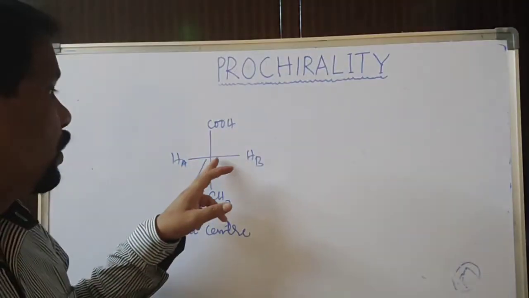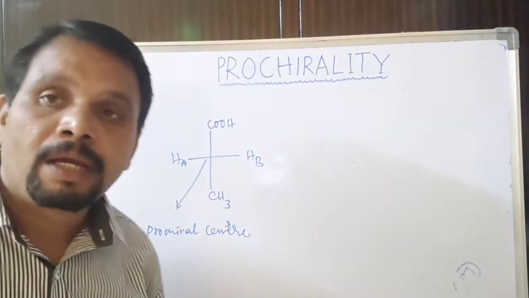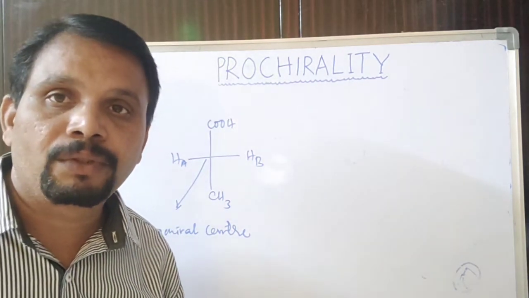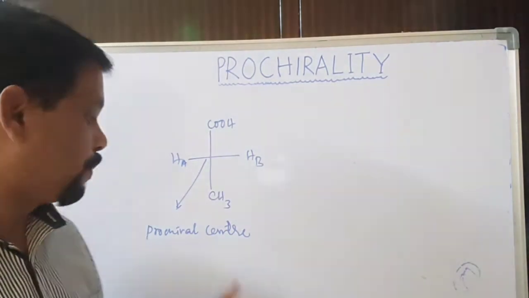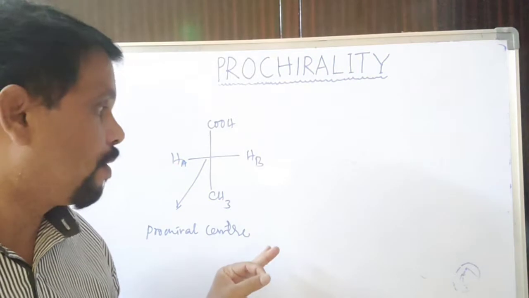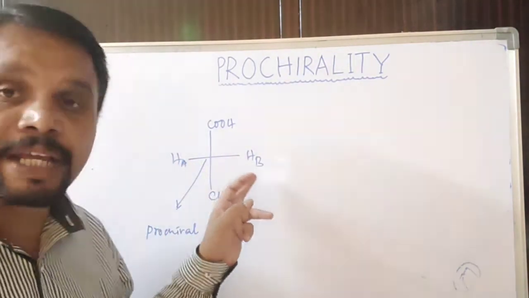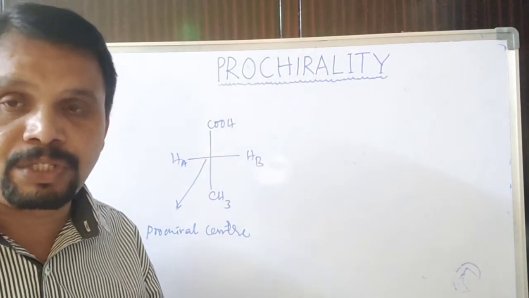Okay, so in the central carbon, two heterotopic units are there. That's why this center is known as a prochiral center. This molecule is a prochiral molecule. These HA and HB are considered as stereoheterotopic units.